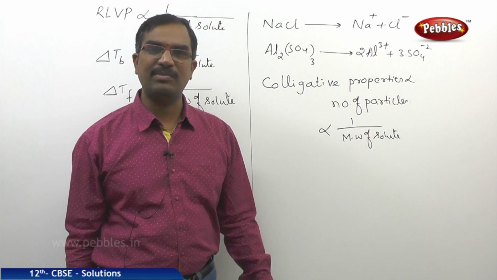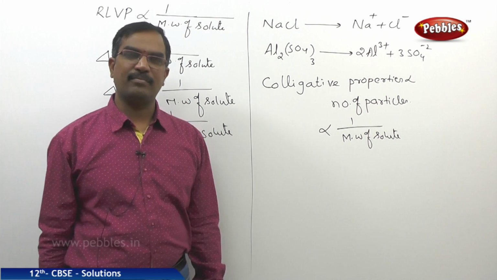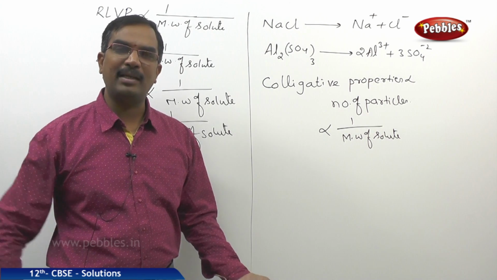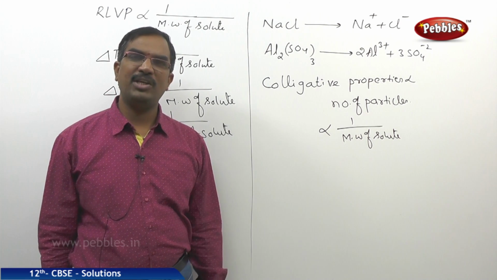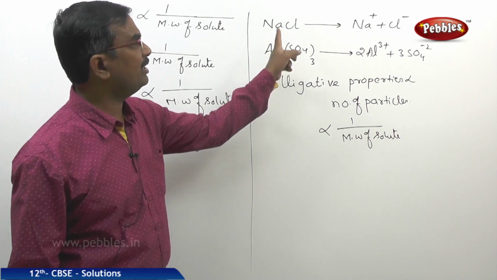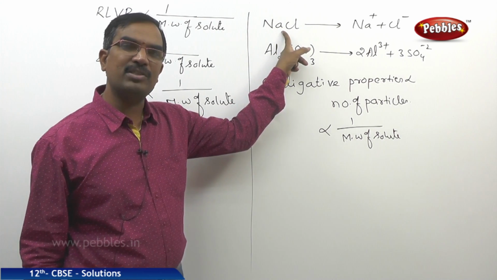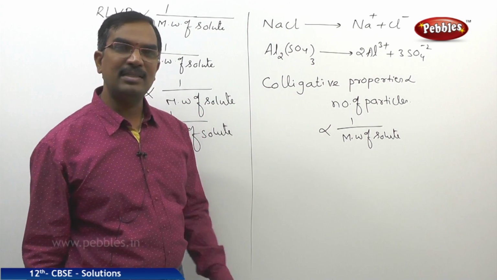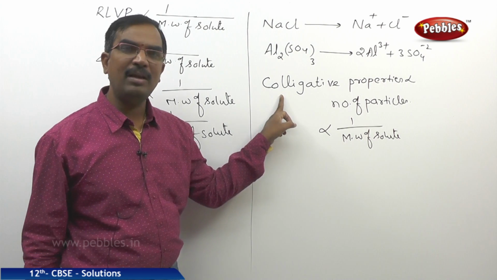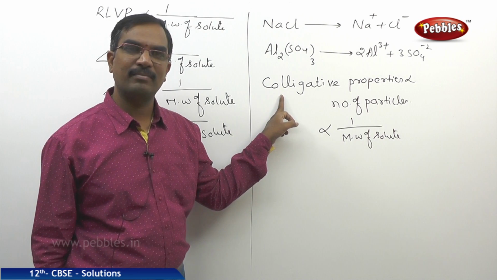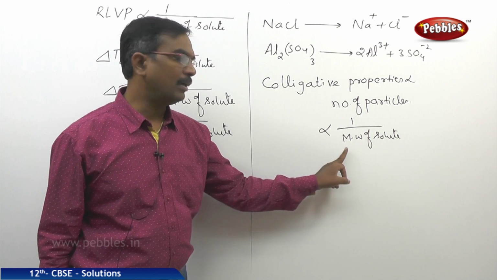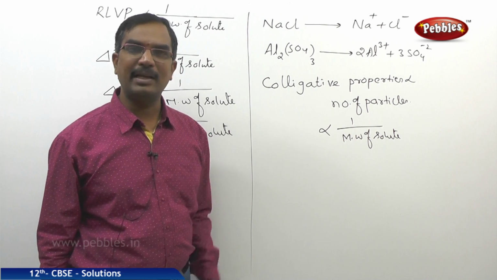So whenever we take an electrolyte, it can undergo association or dissociation. Whenever the electrolyte undergoes dissociation, the colligative property will increase, so automatically the molar mass of the solute should decrease.